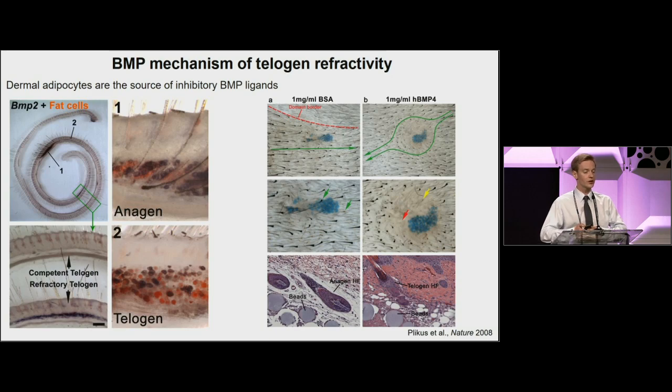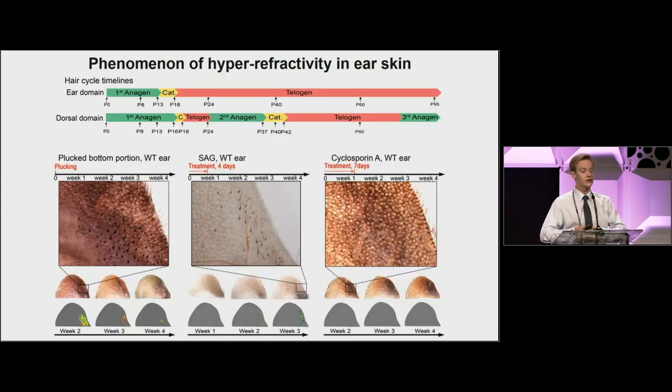What drew our attention lately is this phenomenon of hyperrefractivity that seems to exist in mouse ear skin. Mouse ear skin is quite unique. Hair follicles go through morphogenesis, through the first morphogenetic anagen, at which point they enter a very long-lasting, months-long telogen.